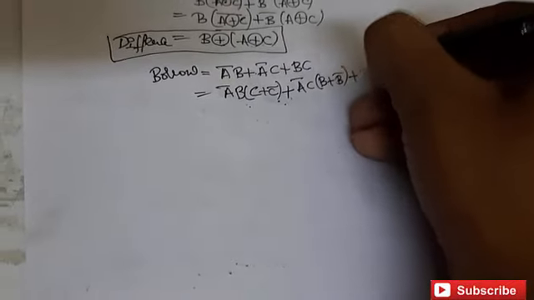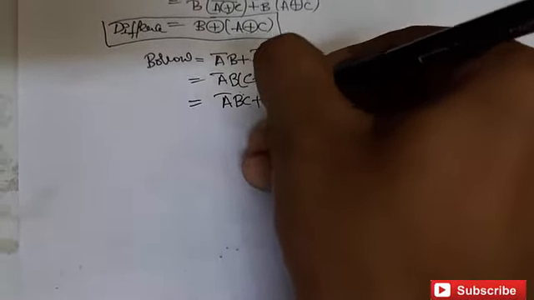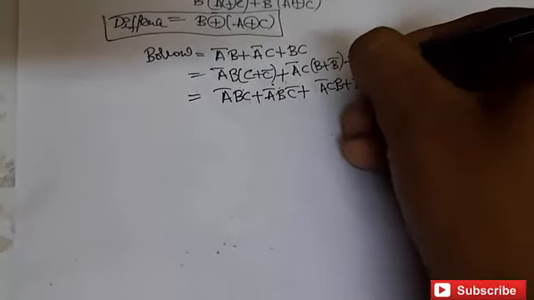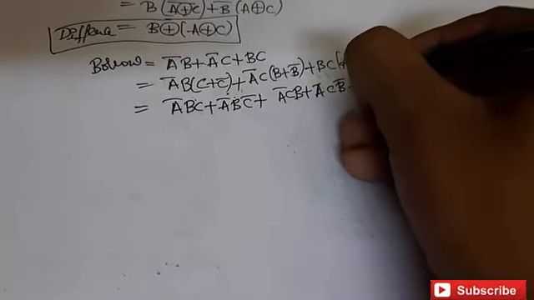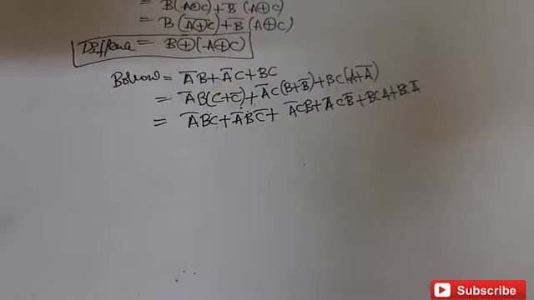Next, A bar C means A bar C. Which term is missing? B. You can't just write B; you can write B plus B bar, plus B C, and here the A plus A bar is missing. Now multiply: A bar B C plus A bar B C bar plus A bar C B plus A bar C B bar plus B C A plus B C A bar.